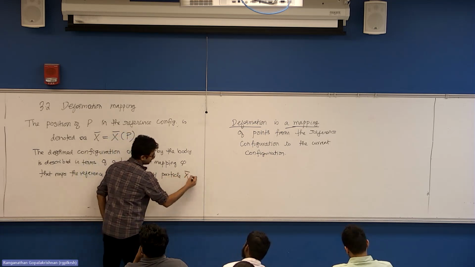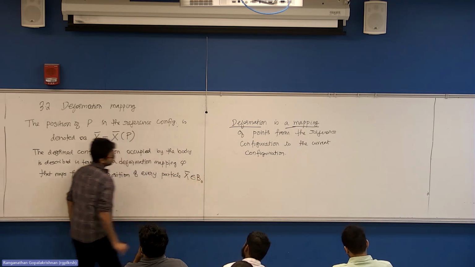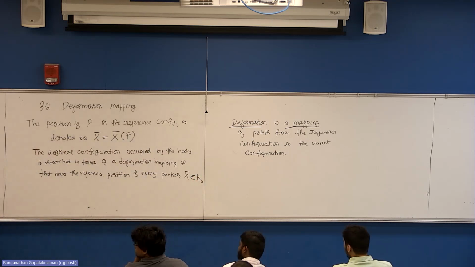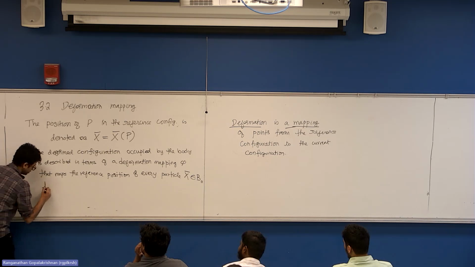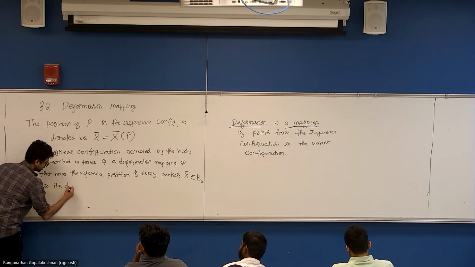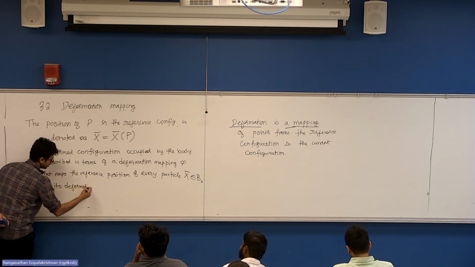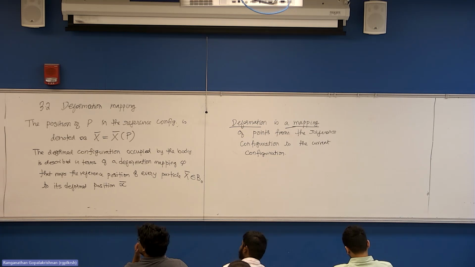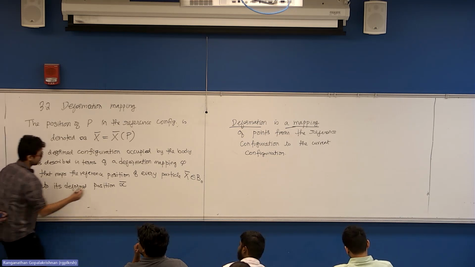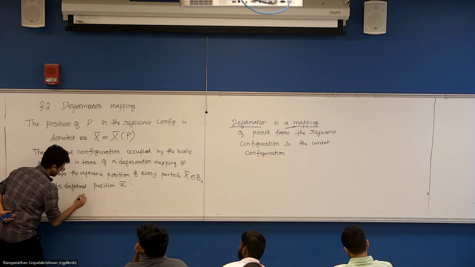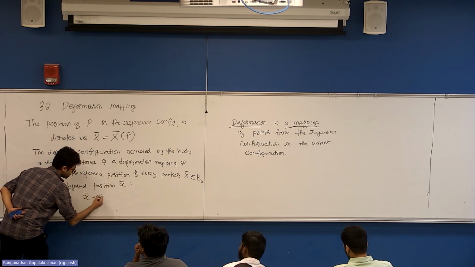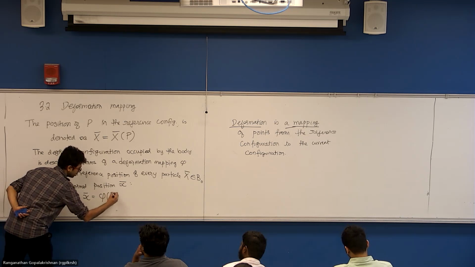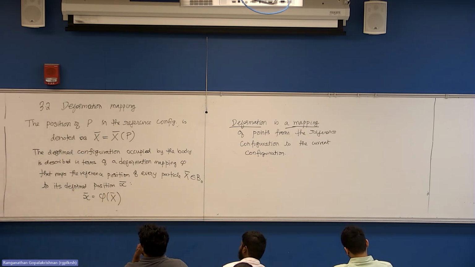that is, for every particle that resides in the body, we denote X like a position vector, to its deformed position, lowercase x. From now on, lowercase x is reserved to denote deformed position as follows. We write x is a function of uppercase X. It's a mapping.